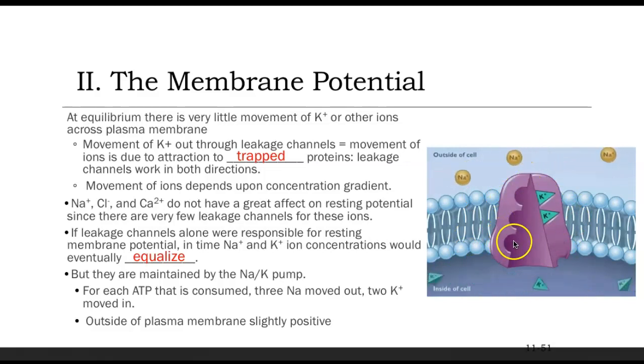Remember that 3 sodiums attach here and move out of the cell, and then the part that we're seeing over and over again right now is these potassium ions attaching, and they move inside of the cell. In order to do this, we are going to need ATP. This is an active transport process.